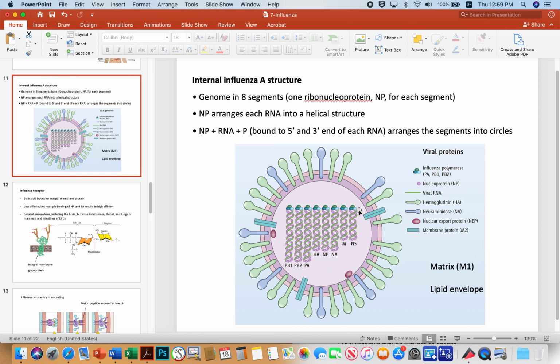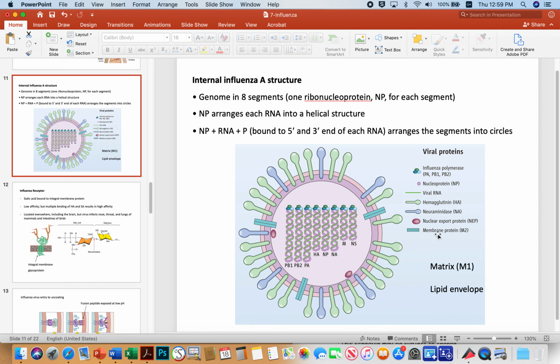But one end of the RNA is bound here, and then it winds through helically, and then the other end is bound to the other end of the polymerase. So the nucleoprotein, RNA, and the polymerase are bound to the 5' and 3' end of the RNA, and so that arranges this in a circle. It looks pretty twisted right here, but if you unraveled that, it would be just a bunch of circles.